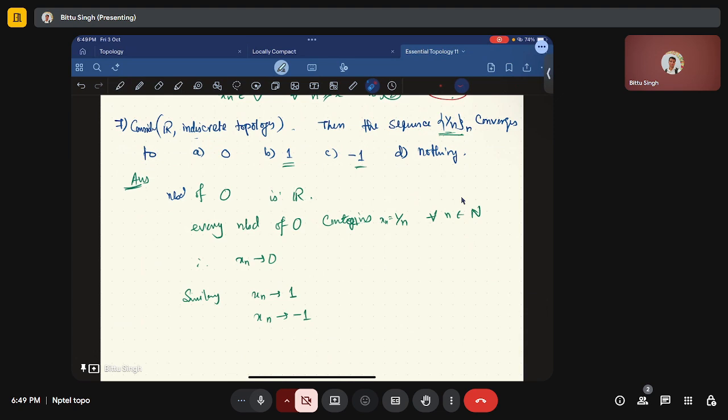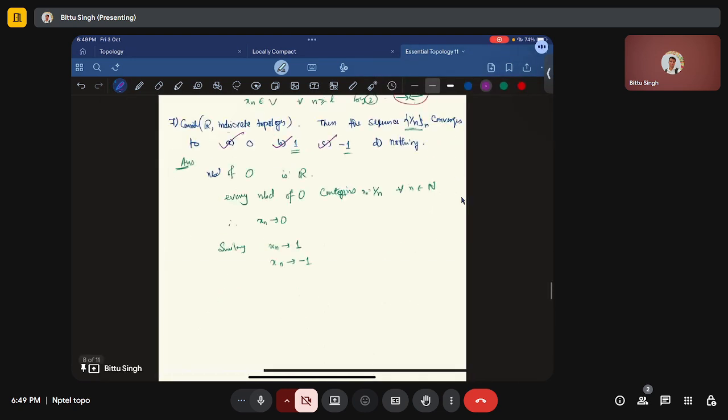So the neighborhood of 1 is also R, and it contains everything. Therefore, xn converges to 1 and xn converges to -1 as well. The options are A, B, and C.